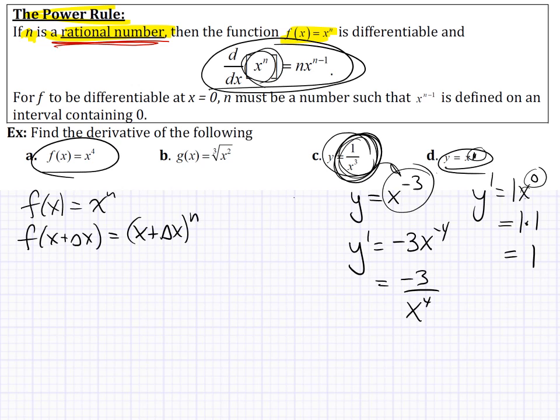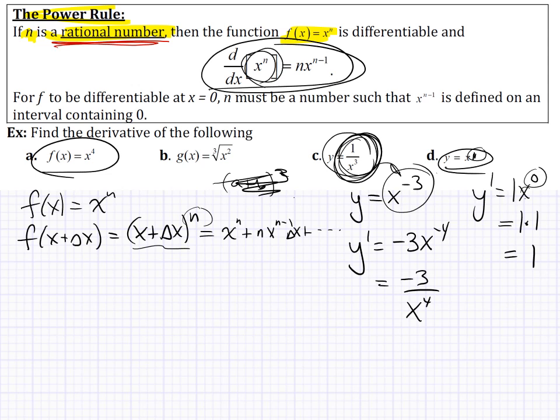Now, if we multiply this out, we're going to get some long polynomial. That polynomial looks something like this, x to the n plus n x to the n minus 1 delta x, plus, etc. It all depends on what this power is. We've seen what it was for x squared, for a plus b squared, for a plus b cubed, etc. Pascal's triangle and the binomial theorem are all ways of multiplying this out.